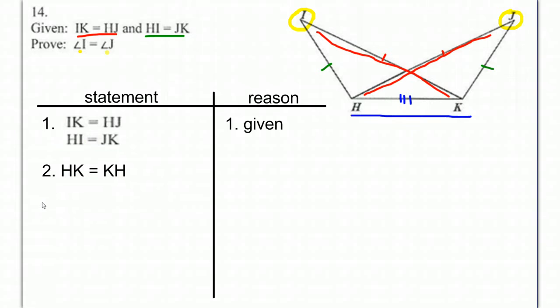And then finally, we can jump straight to the two triangles being congruent. And let's just color code these triangles and make sure that you're following this. IKH is congruent to J, and then go all the way across, HK.